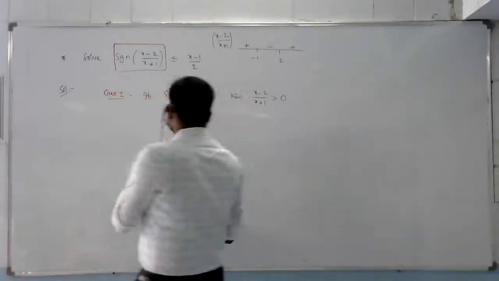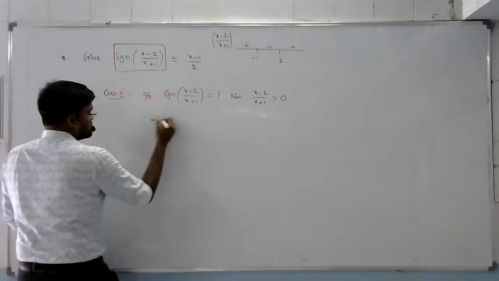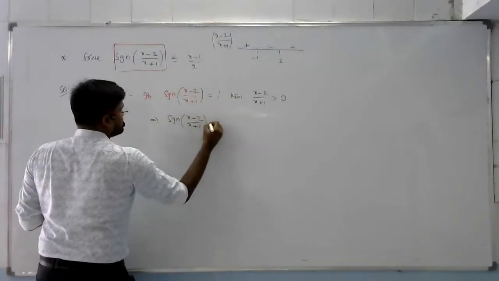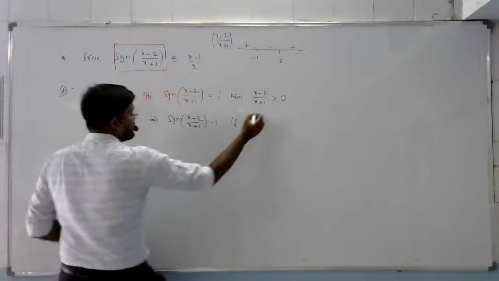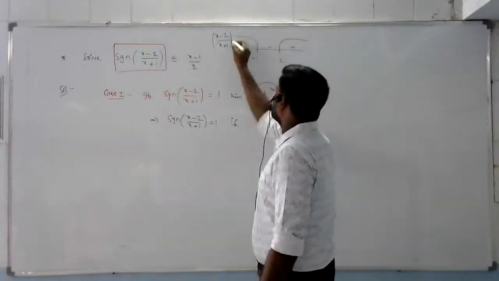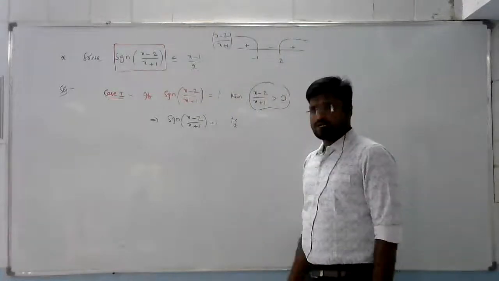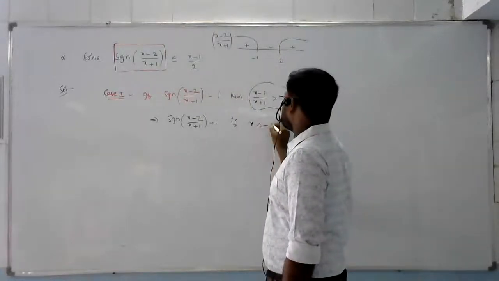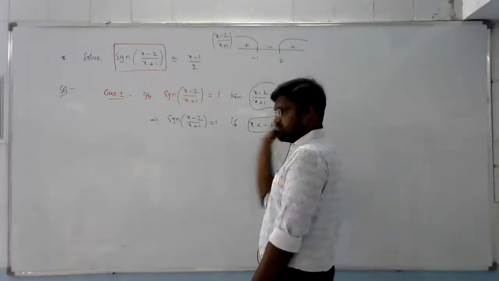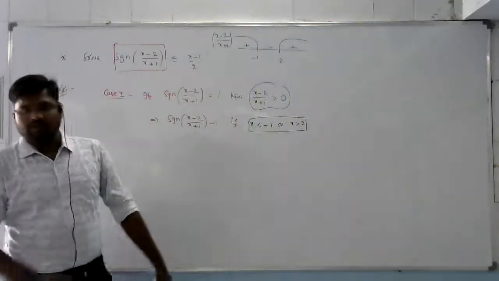Now can I say that signum of (x minus 2)/(x plus 1) is equals to 1 when (x minus 2)/(x plus 1) is positive, greater than 2, less than minus 1. Understood? If x is less than minus 1 or x is greater than 2. Are you getting it or not?